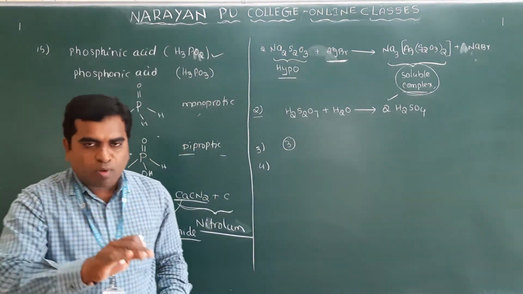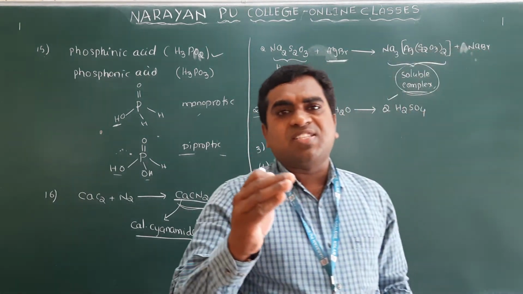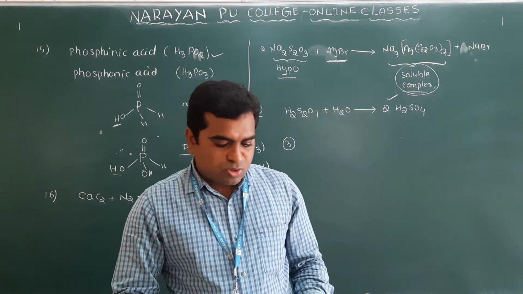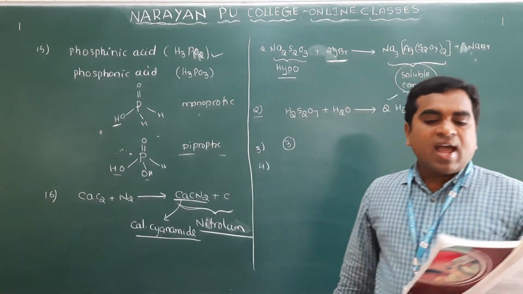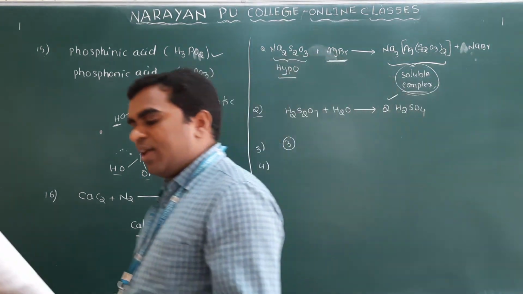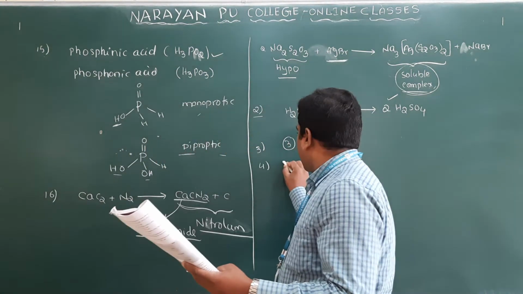The boiling point of nitrogen is 77 Kelvin and the boiling point of oxygen is 90 Kelvin. Clear? So what should be your answer here? Option 3 is the correct one. Oxygen has a higher boiling point than nitrogen. Clear? Next one.